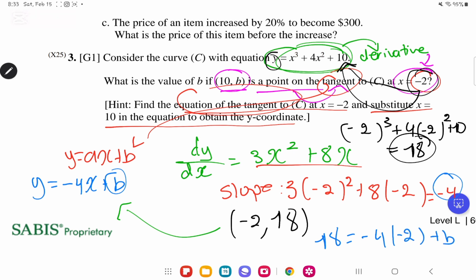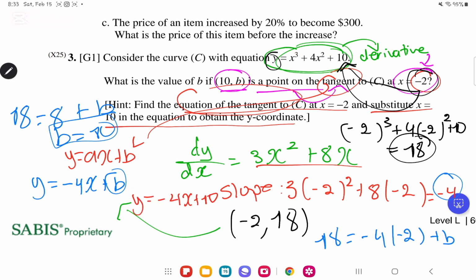Then solving it, you get 18 is equal to 8 plus b, and then you get the value of b to be 10. So now we have the value of b, which is our y-intercept, to be 10. So now the general equation looks like y is equal to minus 4x plus 10.